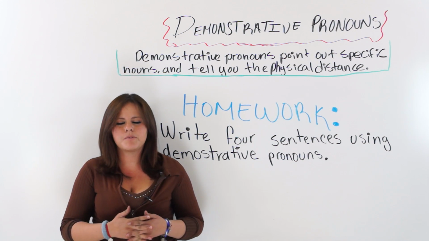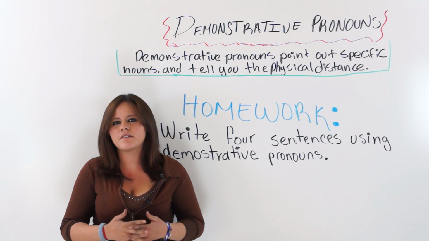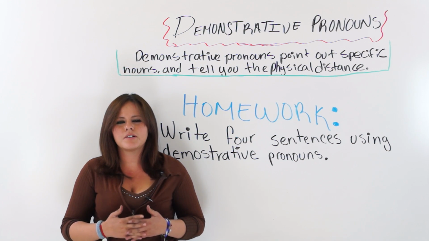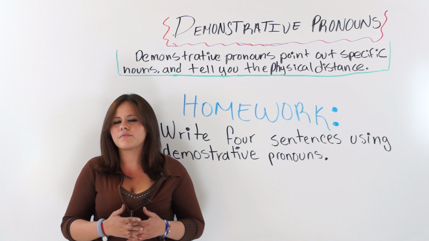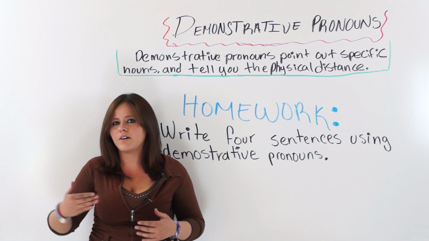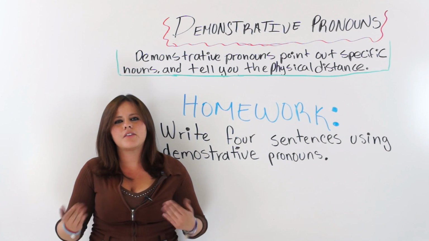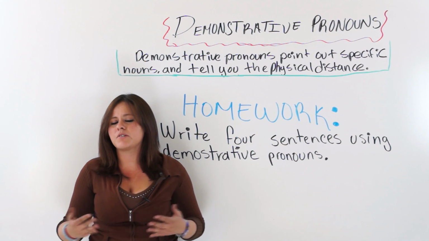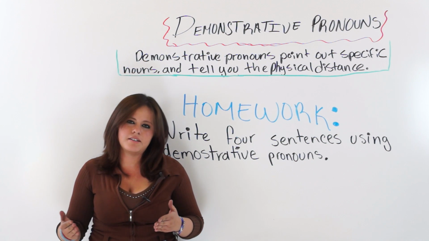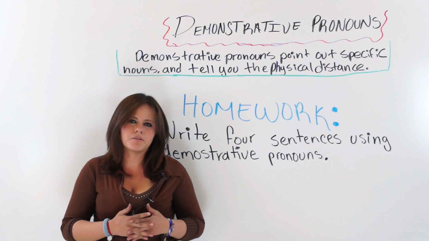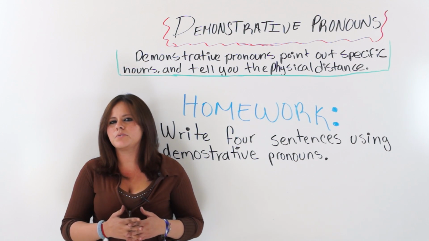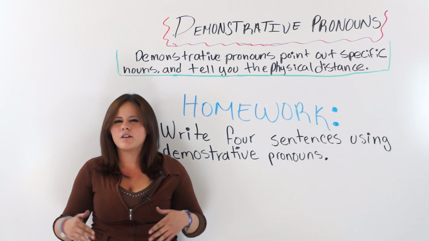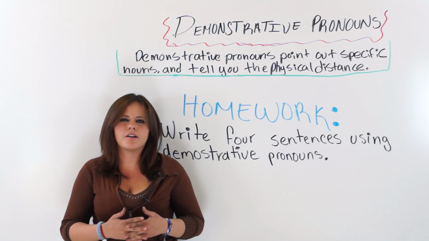The demonstrative pronoun this is for singular nouns that are near, and that is for singular nouns that are far. And these is for plural nouns that are near, and those is used for plural nouns that are far.